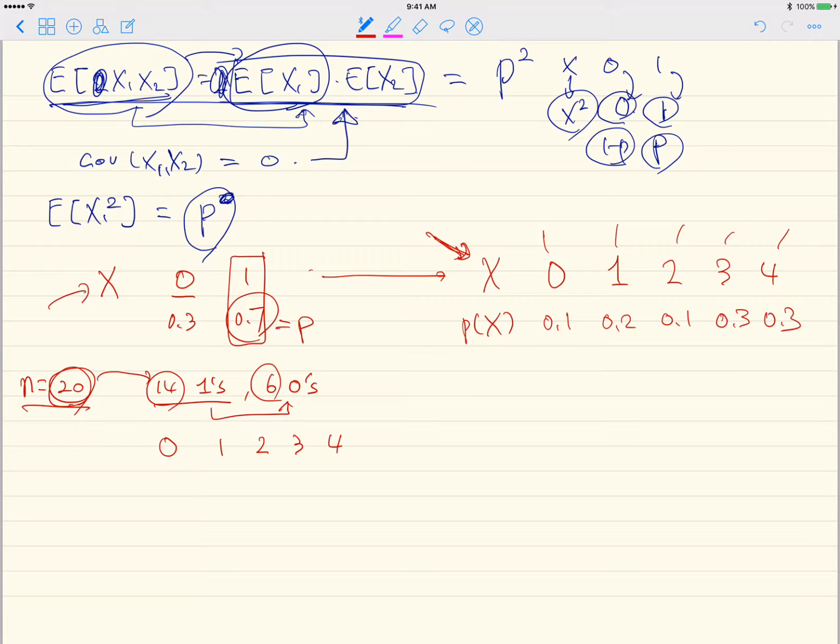As the number of occurrences, we observed maybe 3 zeros, 2 ones, 5 twos, 6 threes, and 4 fours. The total number will still be 20. So this is one particular outcome out of our event space.